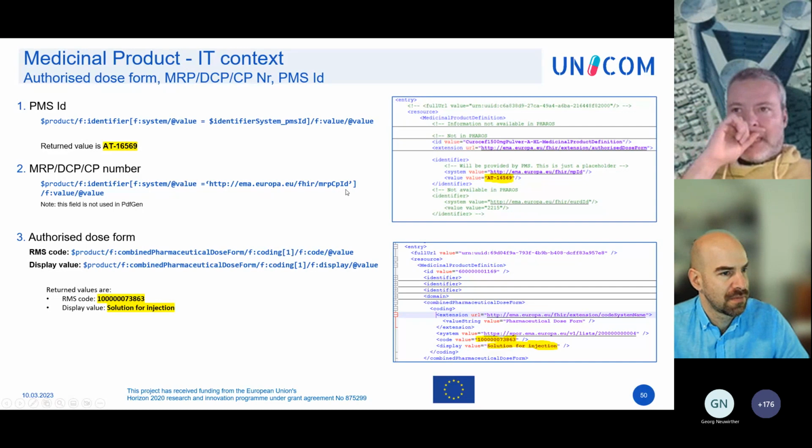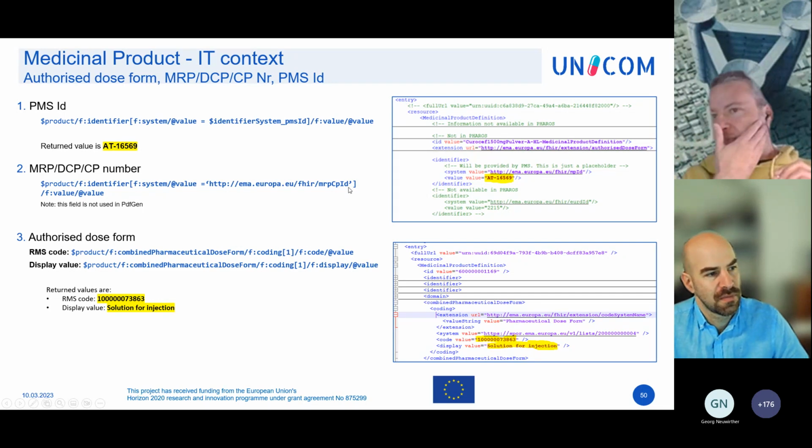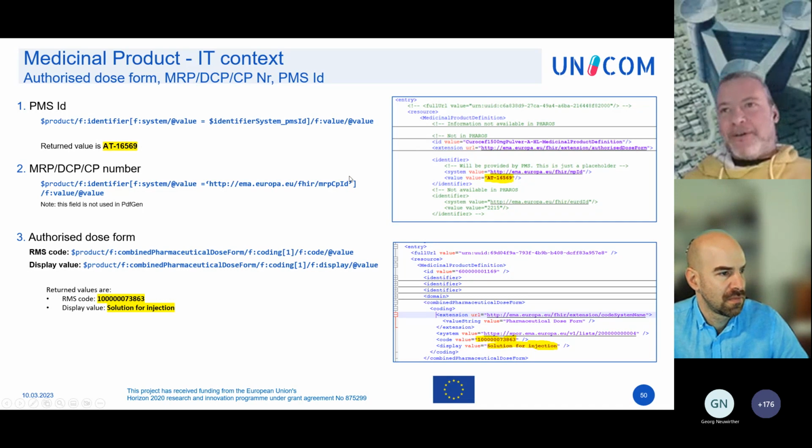The one from PMS ID is a $$ something, and the second one is an HTTP blah, blah, blah route. This is because since we don't use this field inside the PDF, as Noel said before, we don't have a variable for it. So we use the constant value as it is.